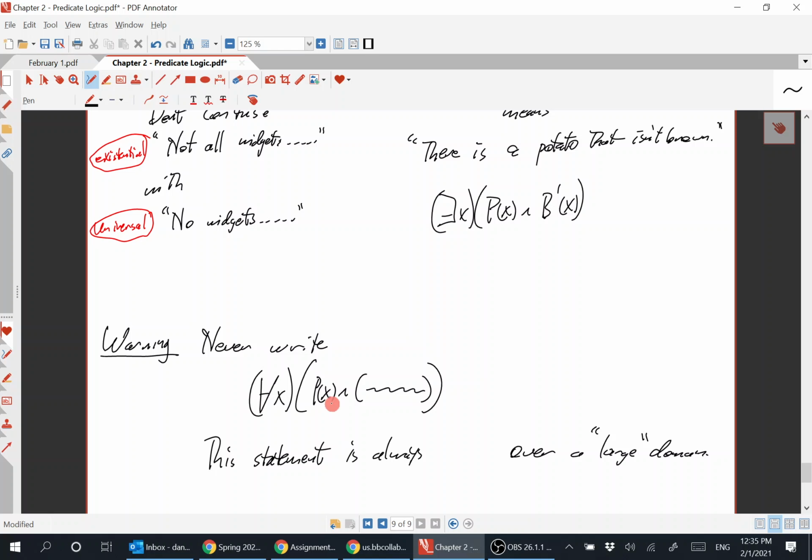Not everything in the universe is identified by P, and this is conjunction. Such a statement is what? True? False. It's always false.